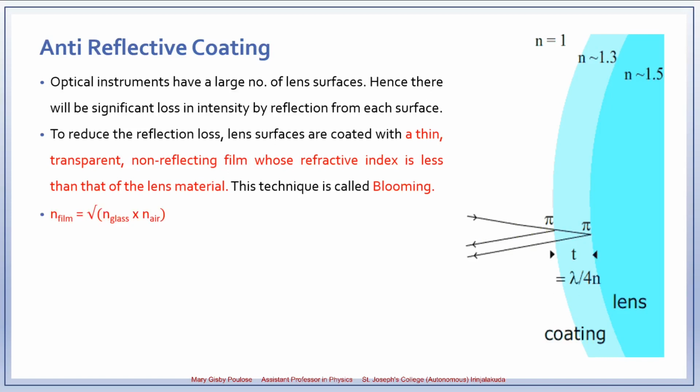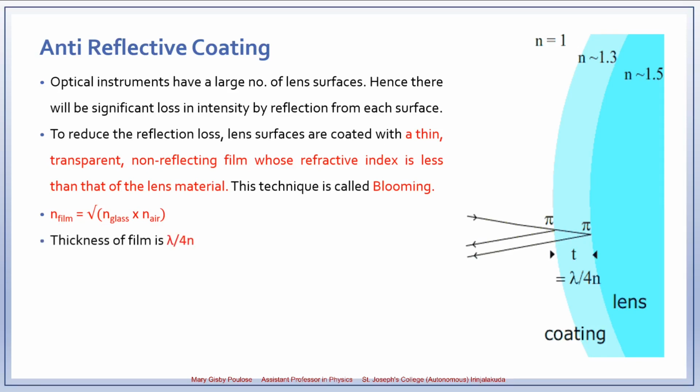The refractive index of this thin transparent non-reflecting film is given by the square root of the product of refractive indices of glass and air. That is, n of film is given by square root of n of glass into n of air.